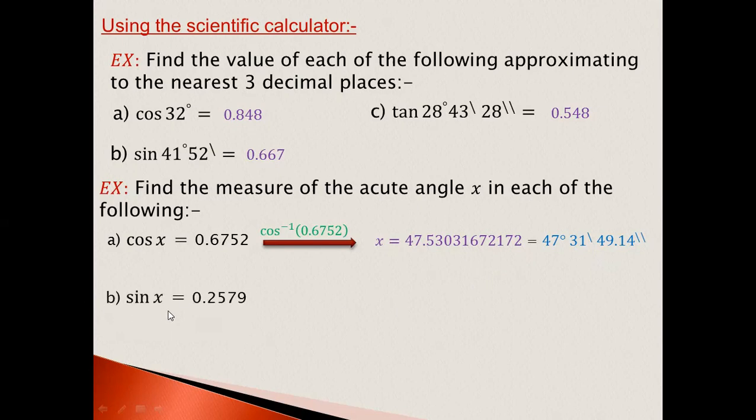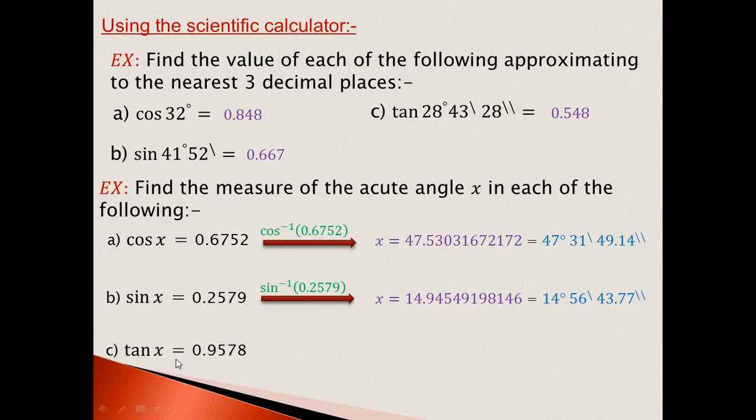Sine x equals 0.2579. We can press shift in the calculator and then write 0.2579. And then x is going to be this value. And then we can convert it into degrees and minutes and seconds, and it's going to be 14 degrees and 56 minutes and 43.77 seconds.